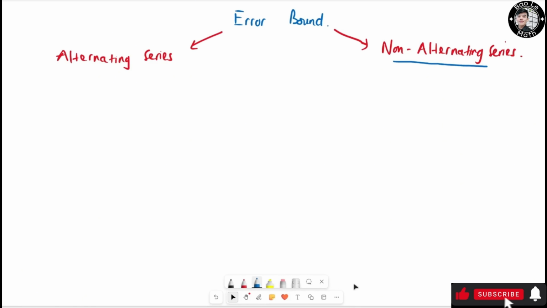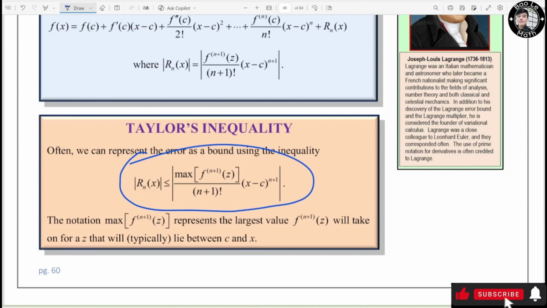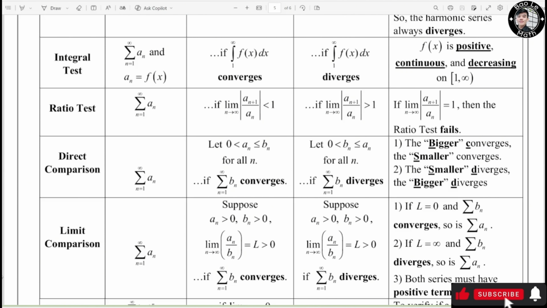Now, in order to find the interval of convergence for Taylor series, we mostly use the ratio test. So here's the ratio test. You need to create the limit of absolute value of a sub n plus 1 over a sub n.